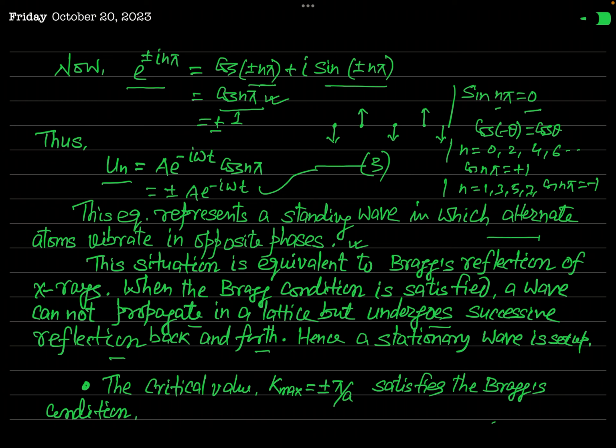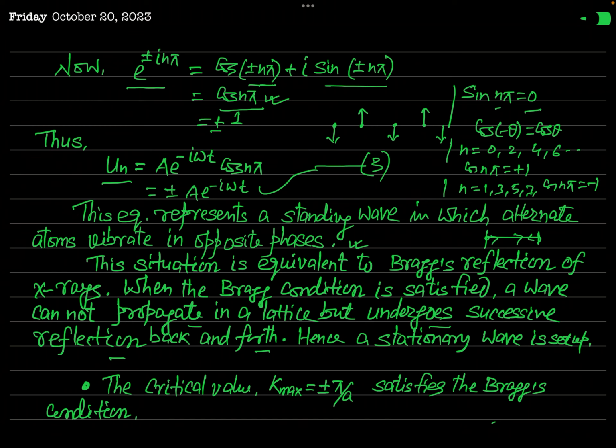Similarly, the situation is just like that. These are the boundaries of the first Brillouin zone, and a wave will be incident on the first boundary and get reflected. Again it will be incident on the second boundary and get reflected.